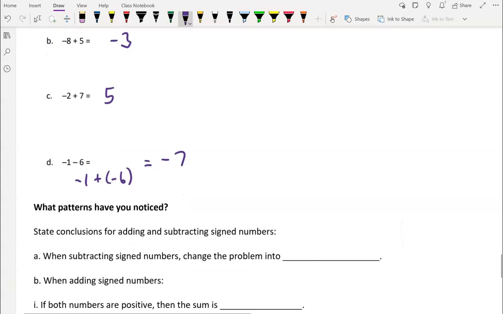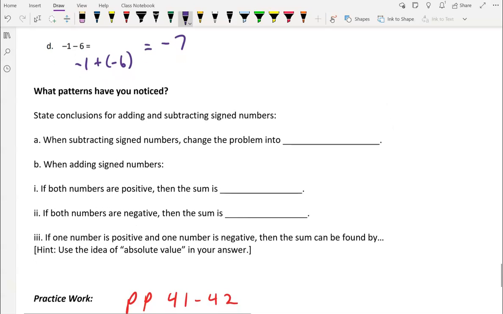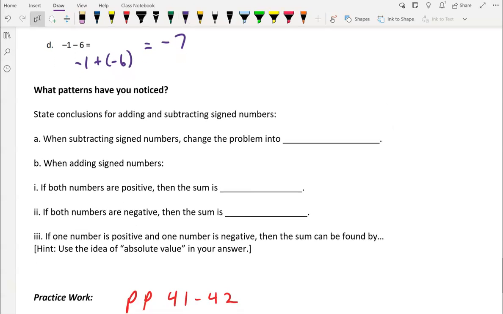Now, there are some patterns that you should have noticed. When subtracting signed numbers, we have to change the problem into addition, right? We are adding the opposite. We have to change it to an equivalent addition. Add the opposite of the second number.